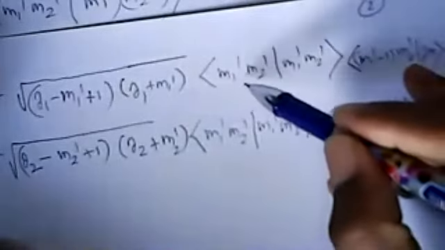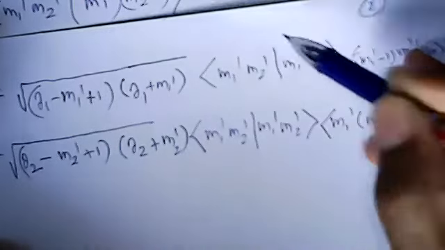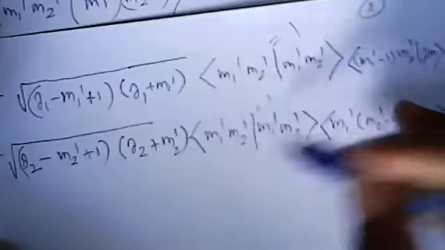Now m1 dash m2 dash with m1 dash m2 dash, this is one normalized state, the same bra-ket. So the RHS becomes, these two become 1.